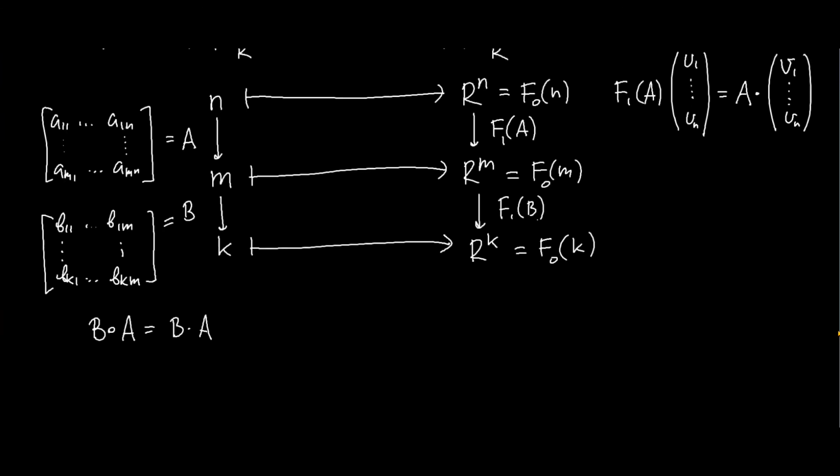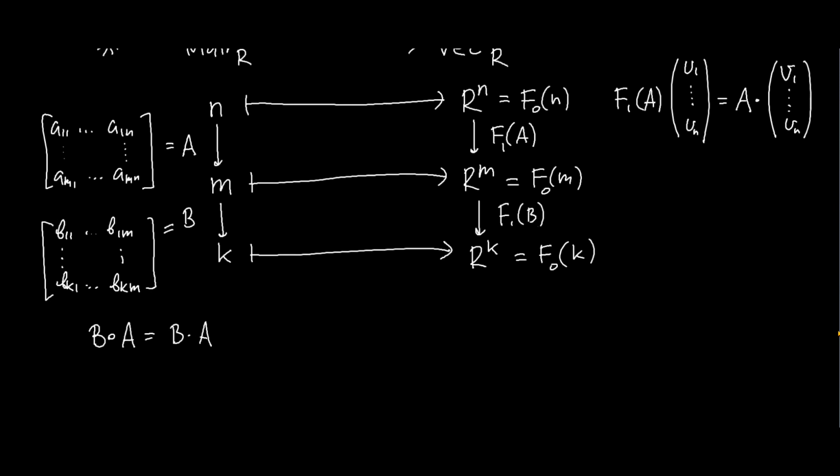Now, why is the functor f preserving composition? Well, because f1 of B composed with A, let's investigate what it will do to a column vector.